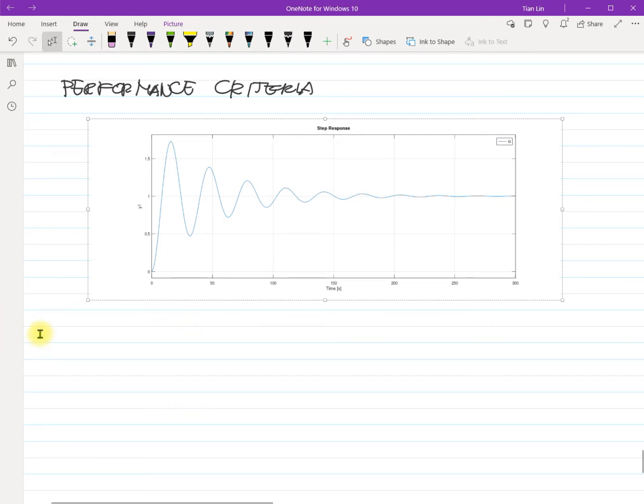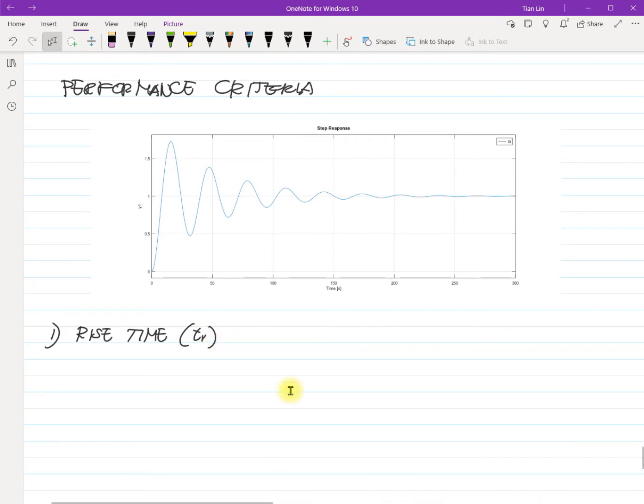The first one is what we call the rise time, or TR. So what's a rise time? Rise time, this is for an underdamped system.